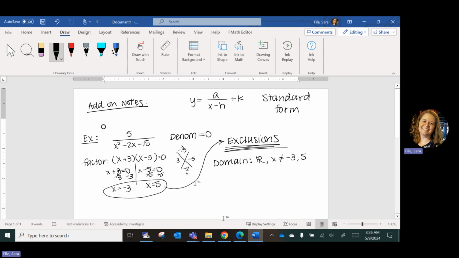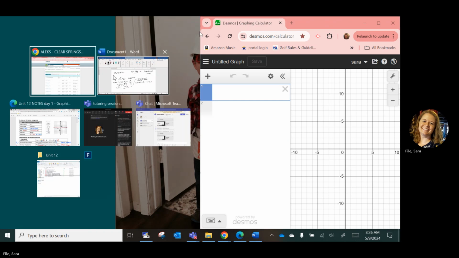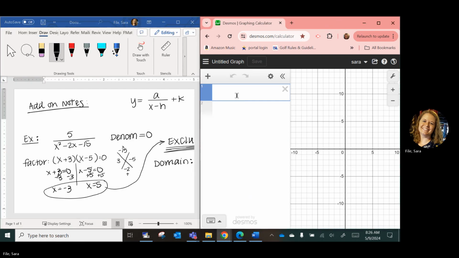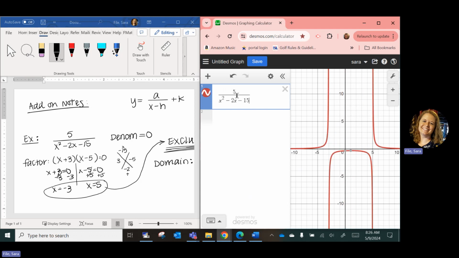Now again, you can use Desmos. You could put this equation in Desmos, and let's see what that looks like actually. Okay, so it's 5 over x squared minus 2x minus 15.